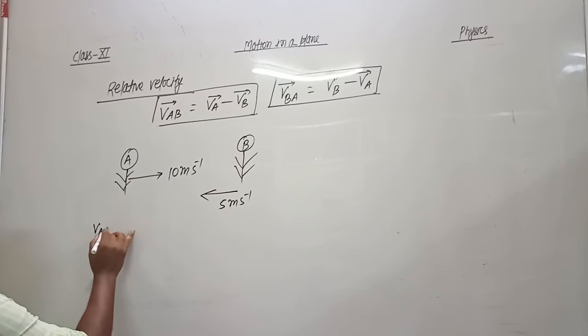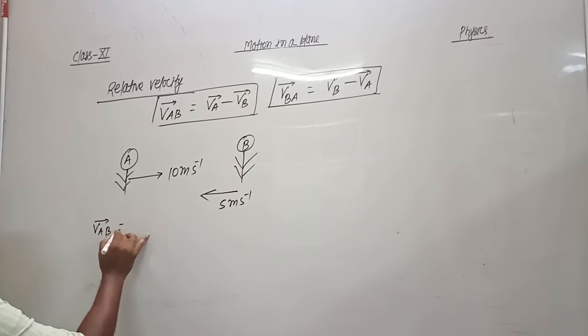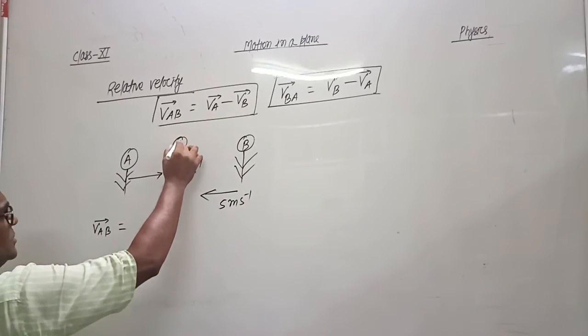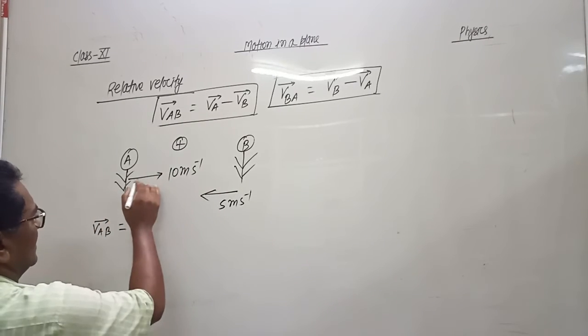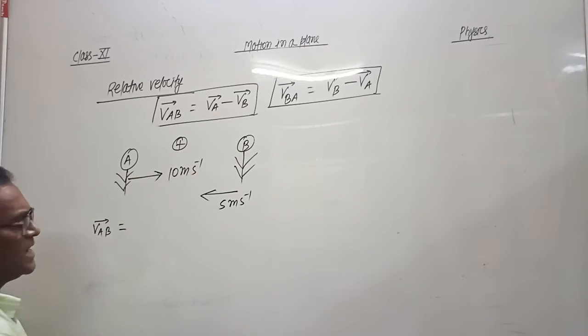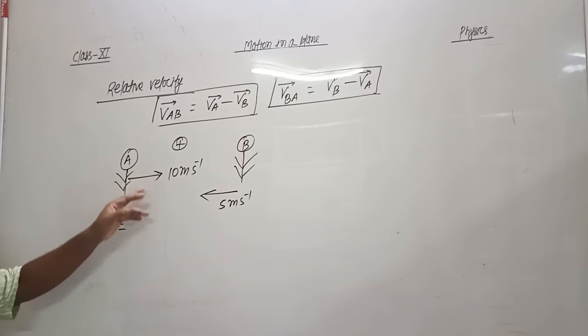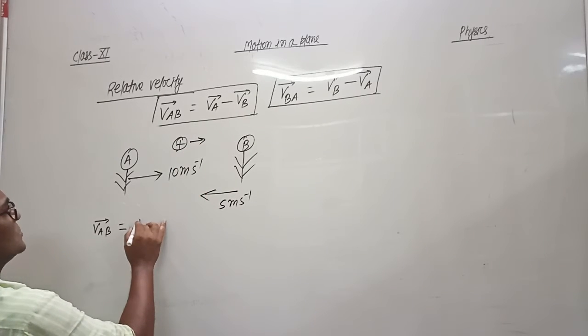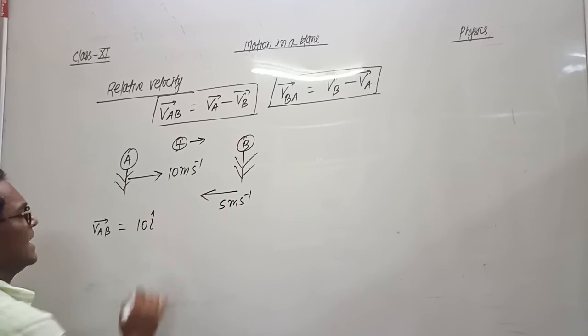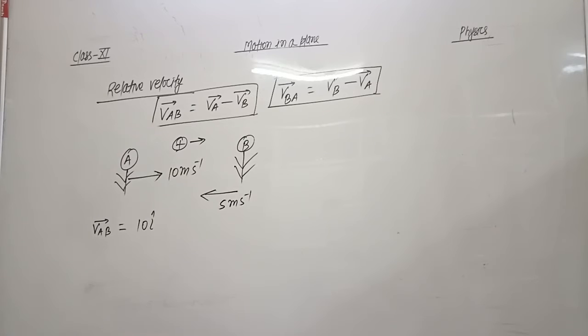So the velocity of A with respect to B, and we assume the positive direction. The direction of body A is along the assumed direction, so VA is 10 i cap.